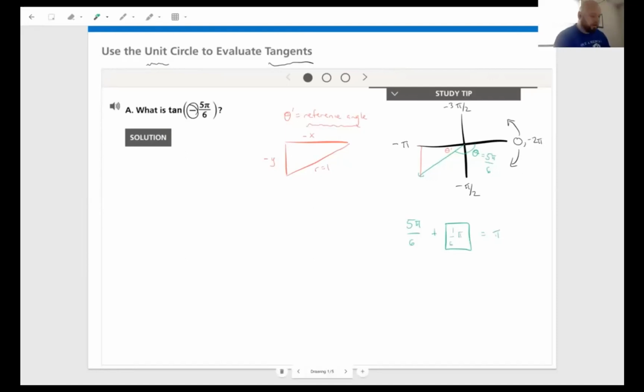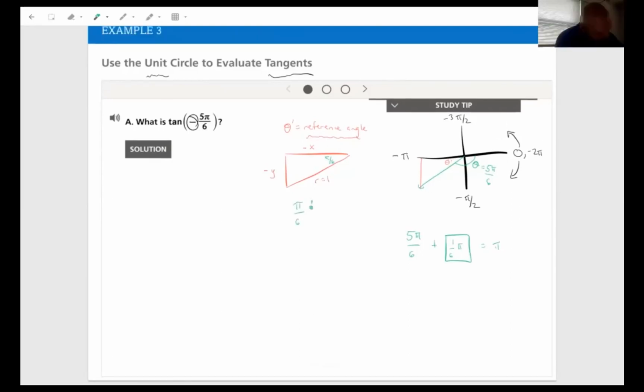So this little reference angle in here is pi over 6. And I'm just going to convert that to degrees so that you can see some more practice with that. 180 over pi, the pi's cancel, 180 divided by 6 is 30. So pi over 6 is also equal to 30 degrees.